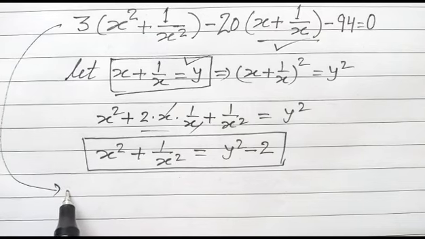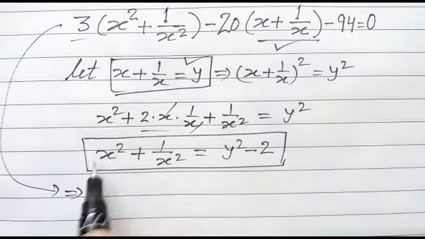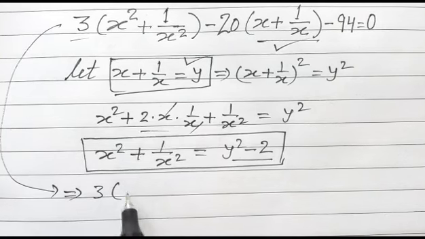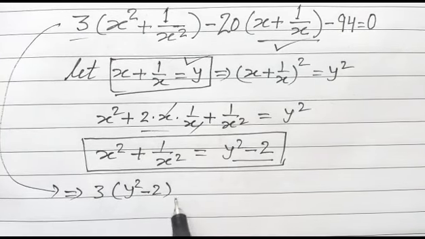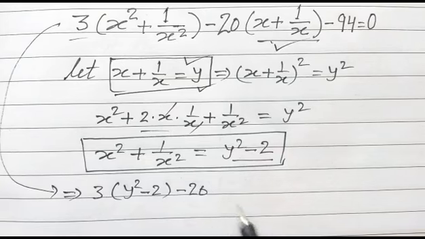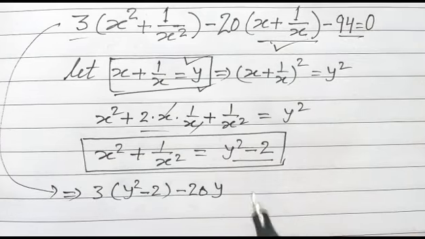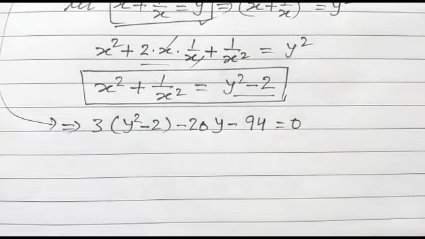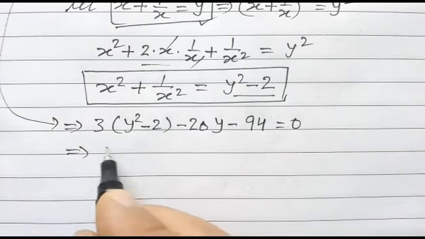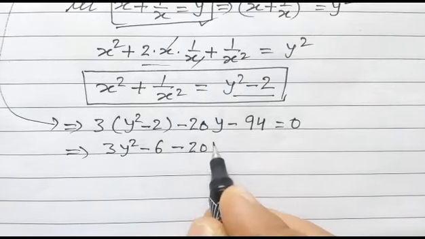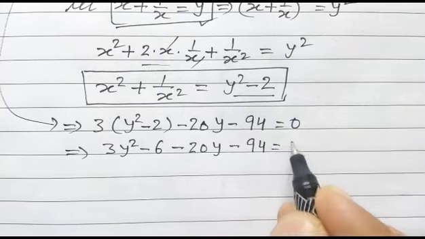So this equation will change to 3(y² − 2) − 20y − 94 = 0. So 3y² − 6 − 20y − 94 = 0.